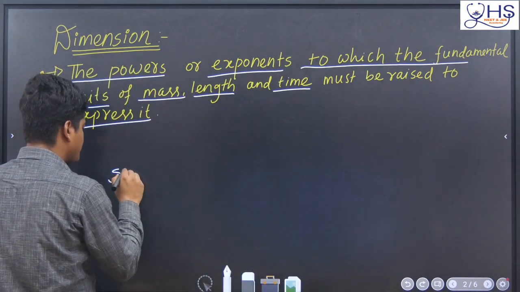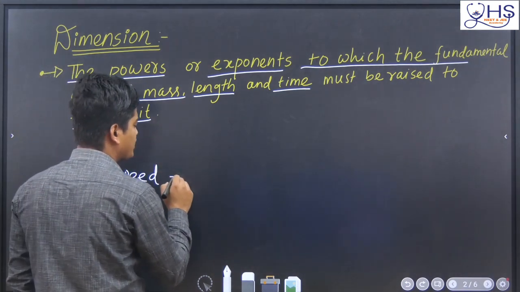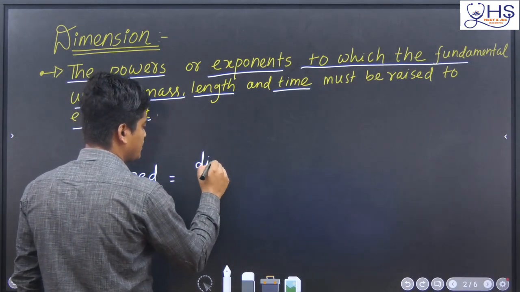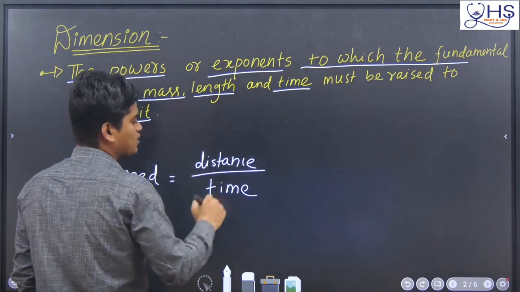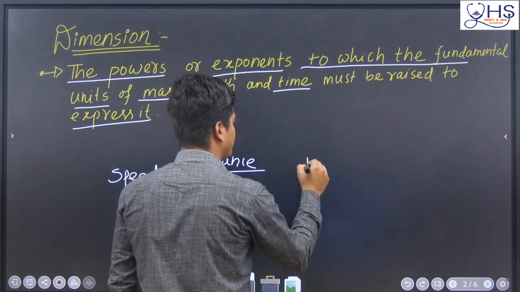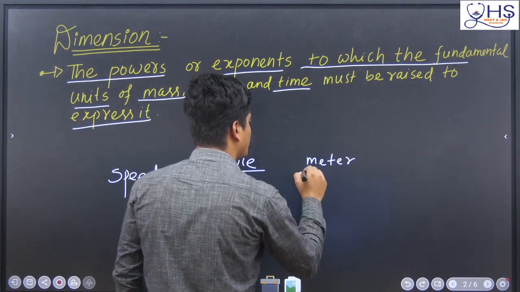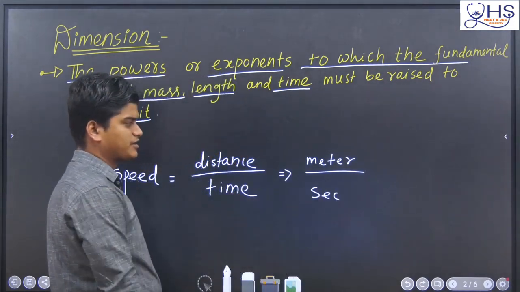Let me give an example. Suppose I want to write the dimension of speed. First I need to check the speed formula. Speed is distance by time. The unit of distance is meter, and the unit of time is second.